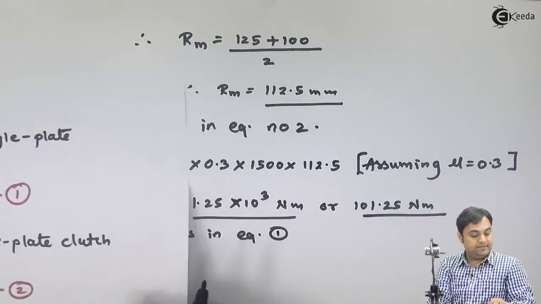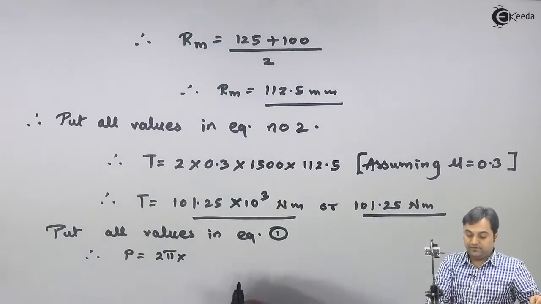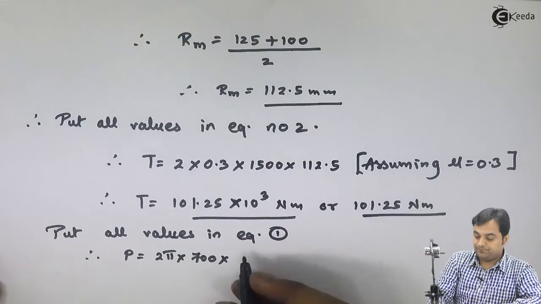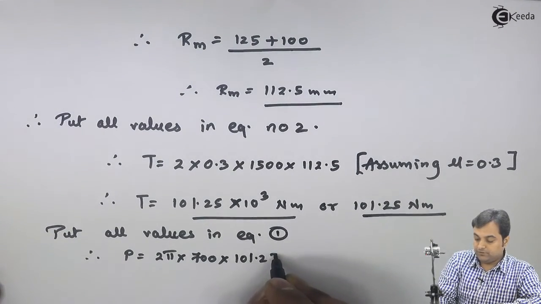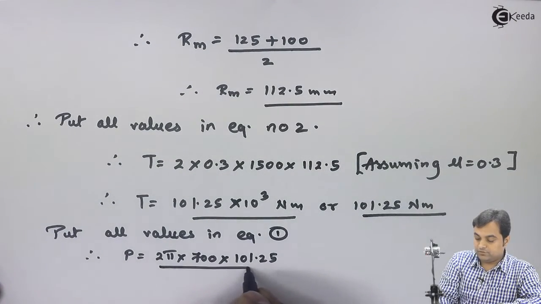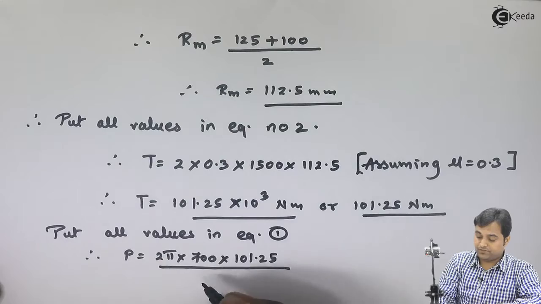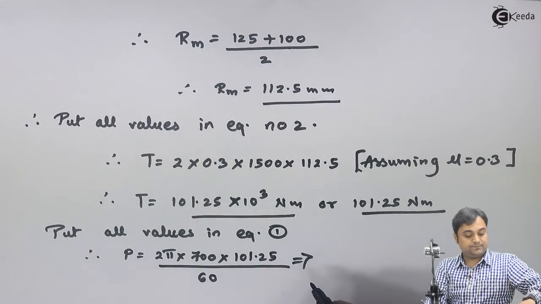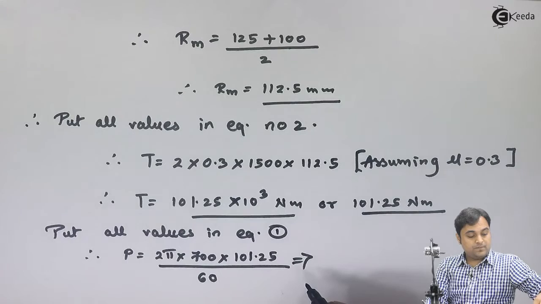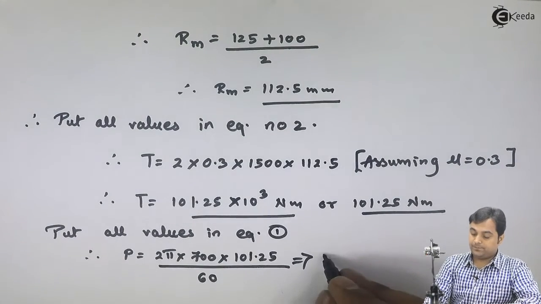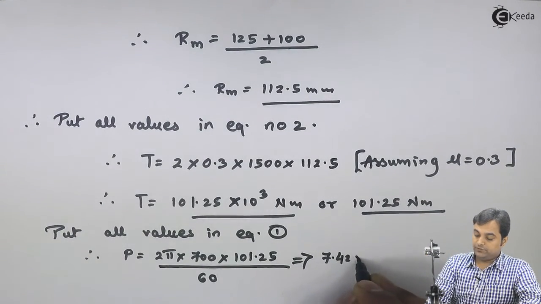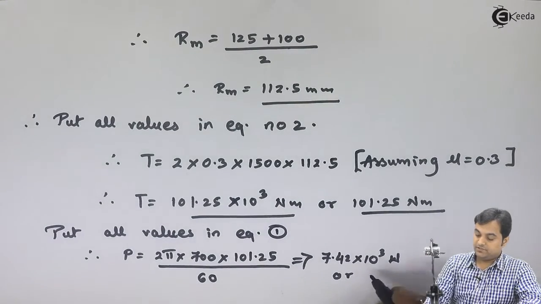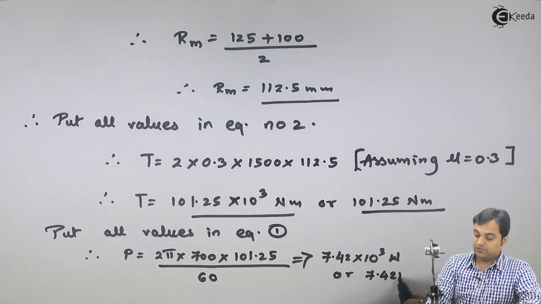Power is 2 pi N, N is 700, into T is 101.25, so it is 2 pi NT divided by 60, and here I am getting the answer of power as 7.42 into 10 raised to 3 watts, or it is 7.42 kilowatts.